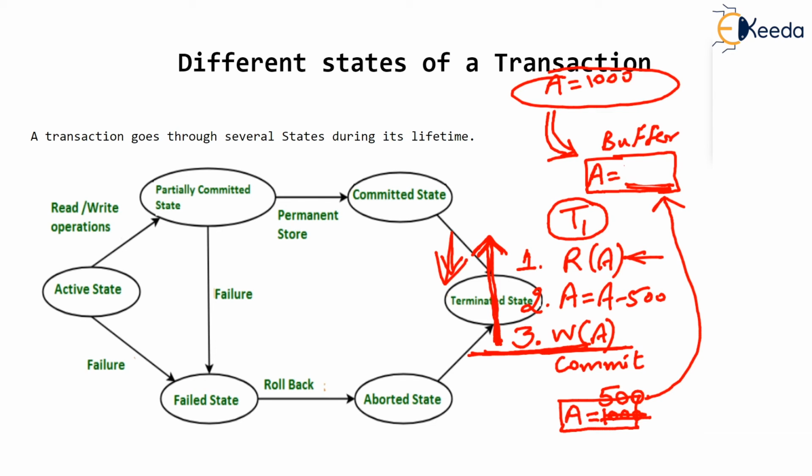If it has to run again from the beginning, it has to take the original value. It can't say, oh, last time I had A as 500, so I will resume my execution from there. So the previous state where it was when it began has to be restored. So A will now be read as 1000, and it will happen all over again as if nothing happened last time. That is what rollback is.